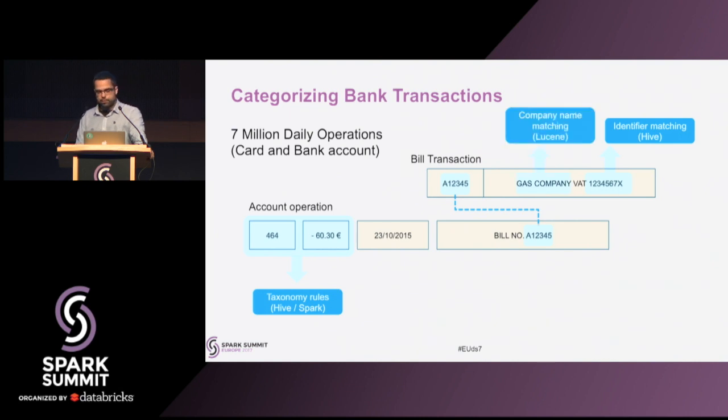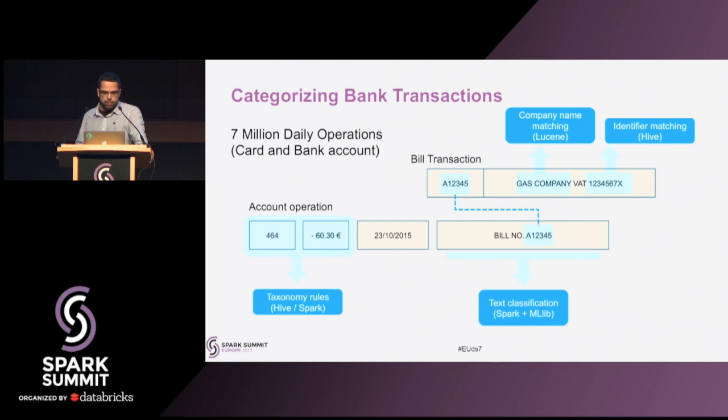Or if you don't find an identifier, you can try to identify a string which has high probability to be a company name and then categorize based on the company name. Or as I will show later on, we can also inspect the description field of the transaction and apply some text analytics there. So this was the picture when we started.